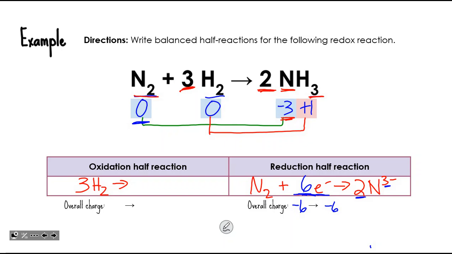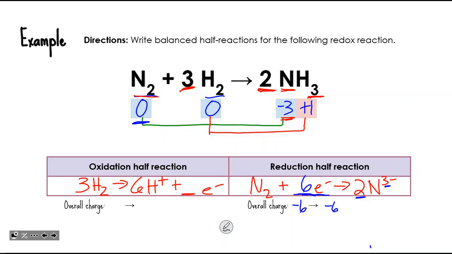That's going to be 2 times the 3, 6. So we get 6 H pluses out of that ammonia. And we know that oxidation side is going to have the electrons over there on the products. The oxidation has electrons on the products.